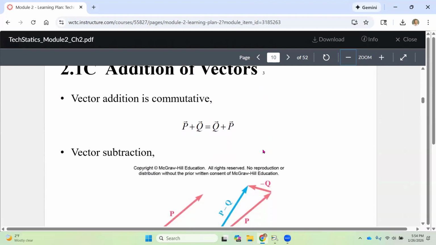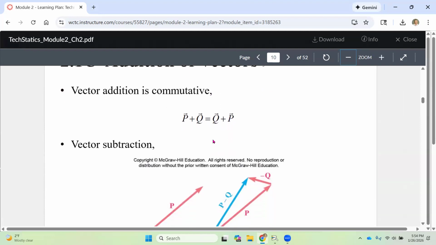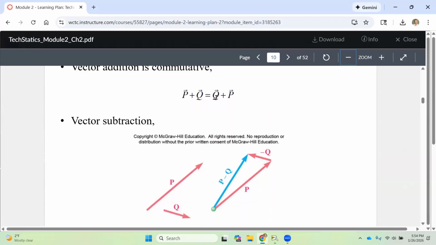Vector addition. Vector addition is when we add vectors or forces one onto the other to find, for instance, a resultant. So we're gonna use our examples to practice that. Vector subtraction is where we change the direction and then we add the vector.